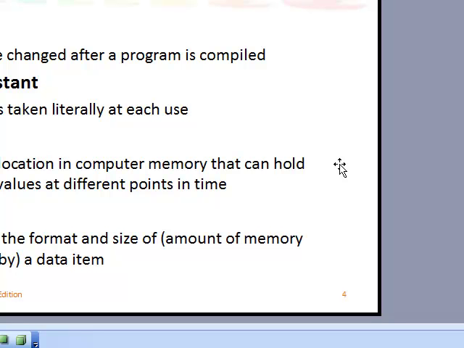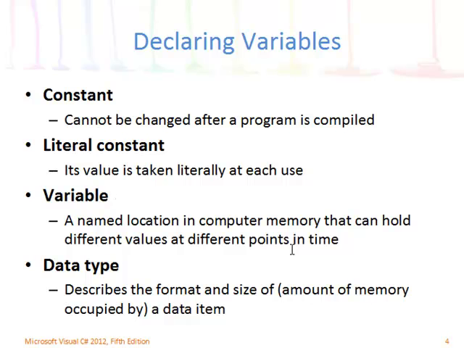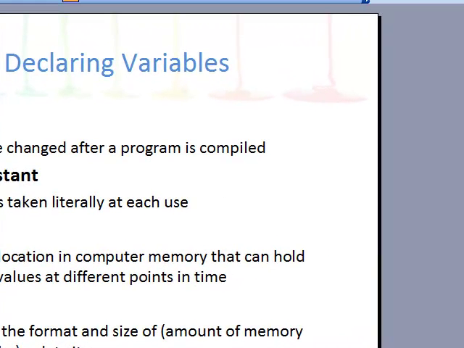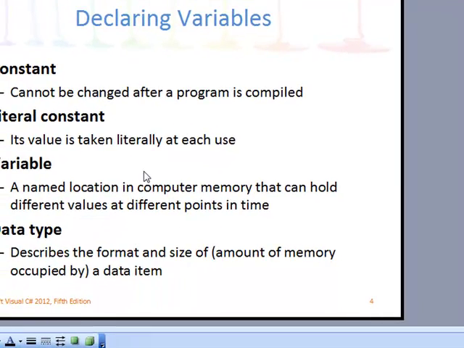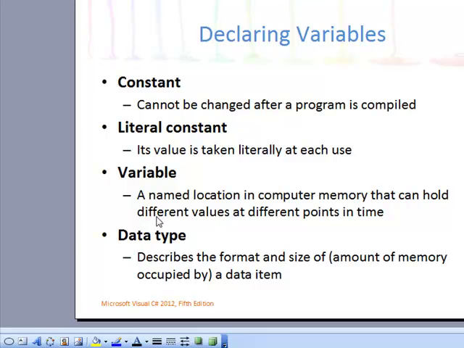So looking at variables, we have different types of variables. A constant variable, which cannot be changed as the program is being compiled. Literal constants, variables. Variables can change the value which is stored in that memory location, and not only can it change, but it needs to be a certain data type.